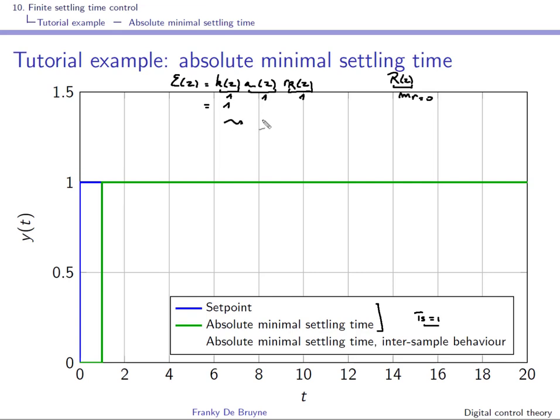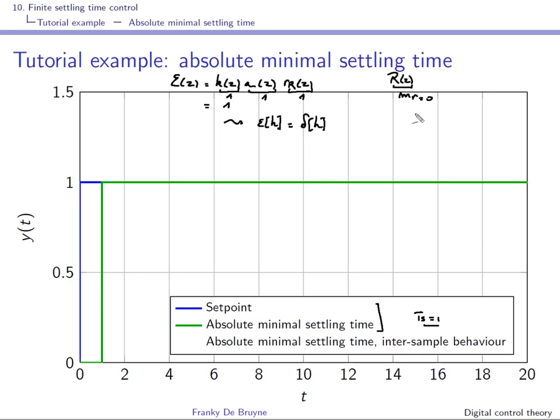So this means that the error is simply a delta. Okay, so indeed you see here that you have an error only at k equal to 0, and from then on you have an error that is 0. So indeed we have the absolute minimal settling time.